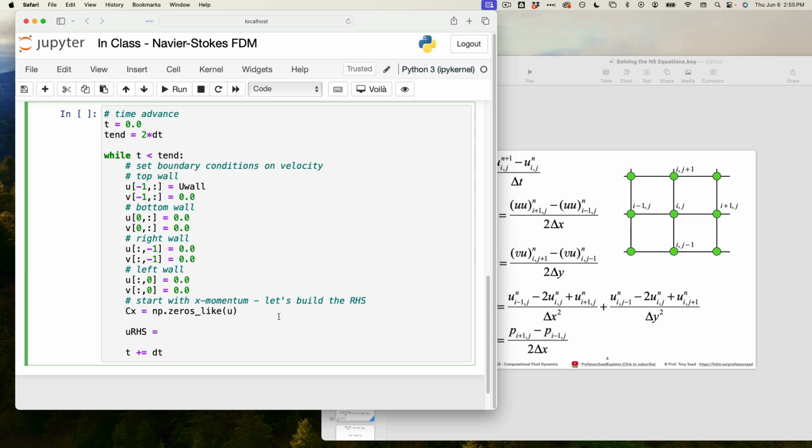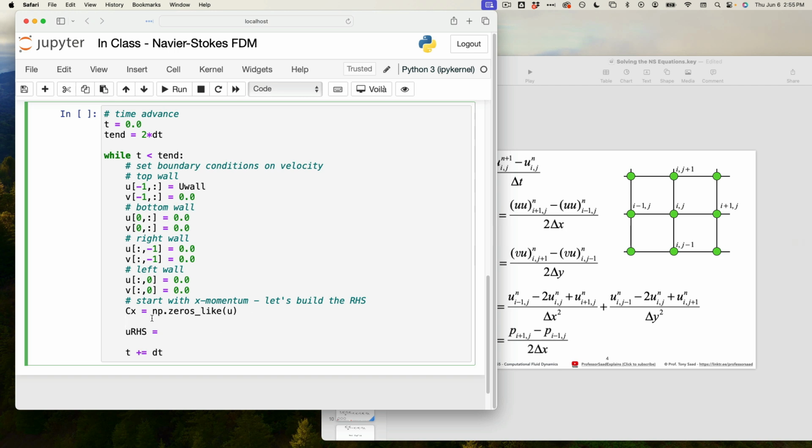If you try to apply the advection term at the boundary, you're going to spill over the boundary, so you need a ghost point, etc. We need to avoid that and be smart about it. The smart way of doing this is to create a convection term array. Let me see what I've done here.